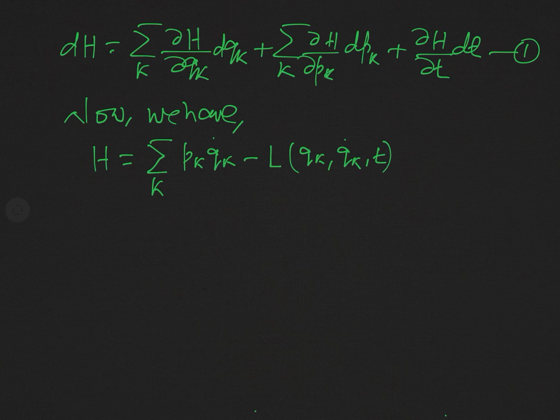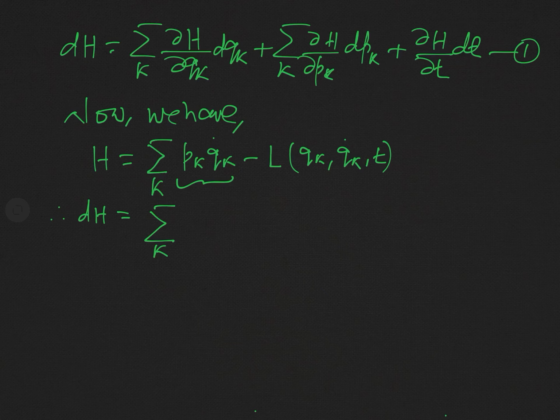So now let us find dH from this definition of H. We can write dH equal to what? See the first term. As in the first term there is a product of two functions pk and qk dot, we will follow the rule of differentiation of product of two functions.